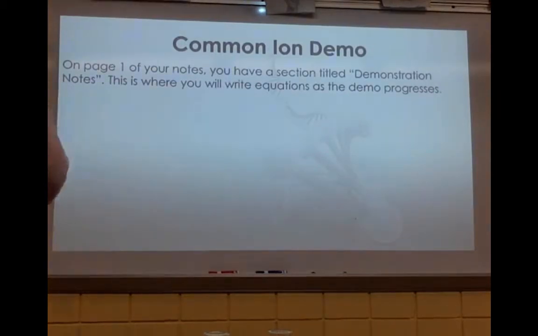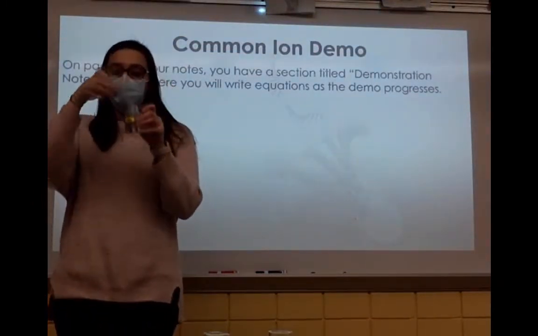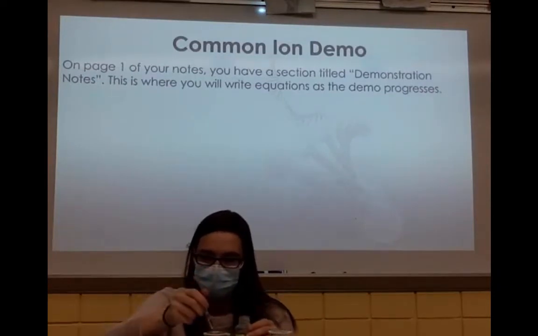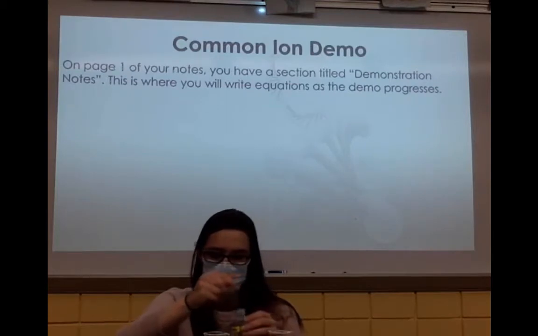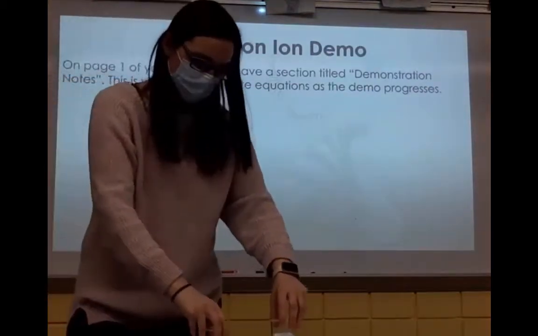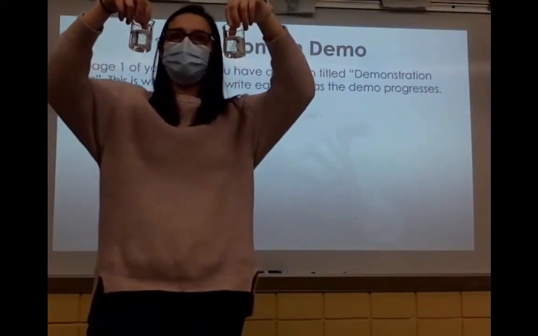So I'm adding NH3 to both of these. Right now all I'm doing is adding NH3 to each of the beakers. Right, still didn't do anything. An ammonia solution is clear. So right now I have 2 NH3 solutions.